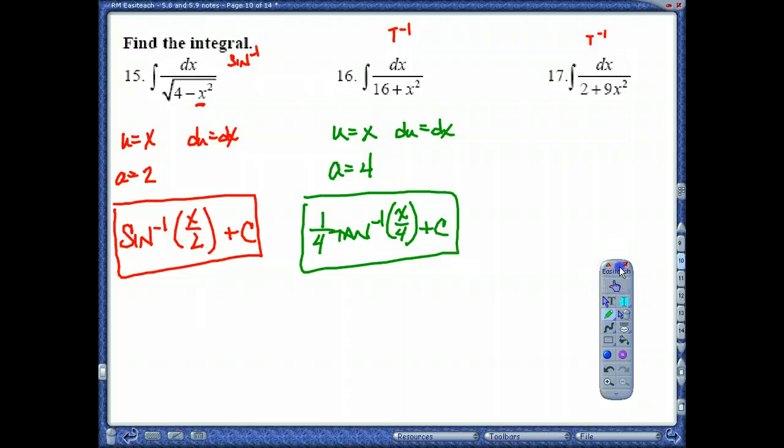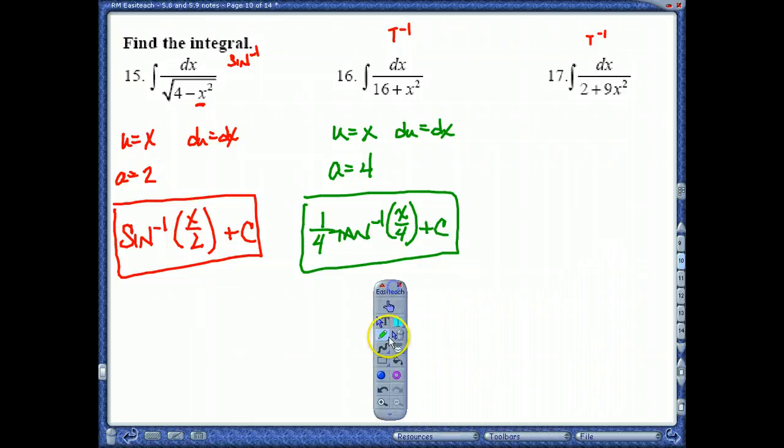Okay, now 17. 17's a little weird. This time my u, well, there's u squared, so u has to be 3x. So that means du has to be 3dx. I don't have the 3 part, so I do have to fix that.